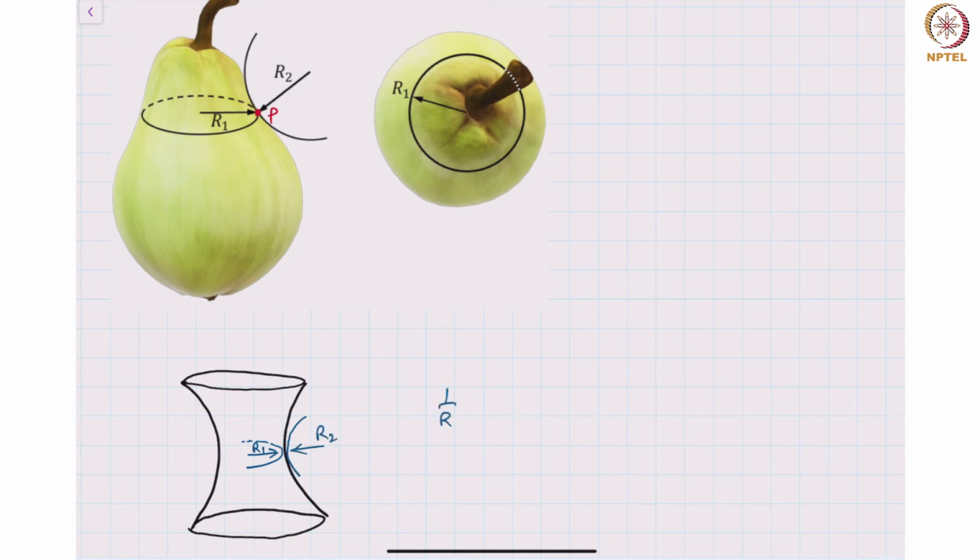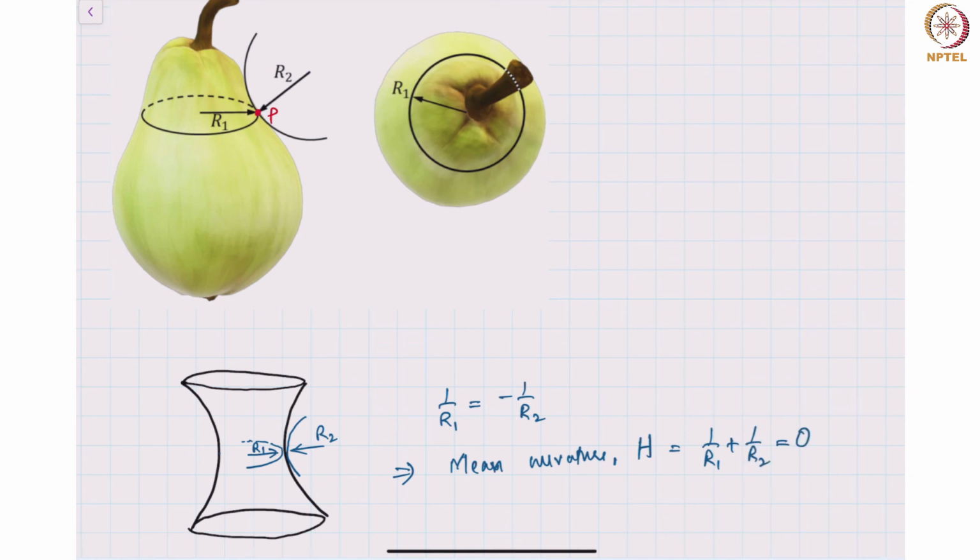In this particular case, 1 by R1 is exactly equal to minus 1 by R2. Conventionally, the mean curvature is represented with the symbol H. The mean curvature is 1 by R1 plus 1 by R2, and in this case it is 0.